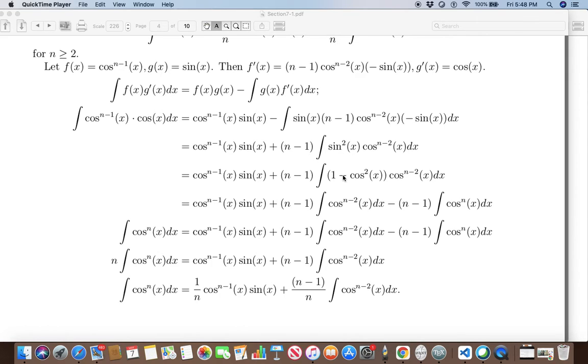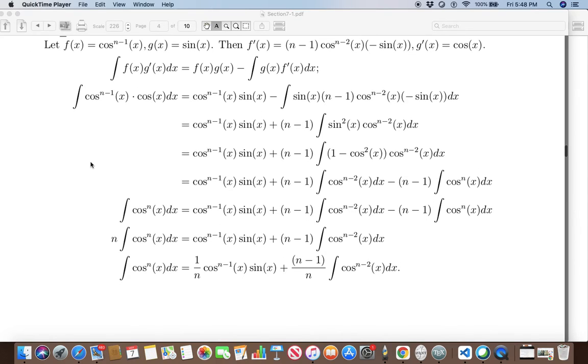Sine squared itself is 1 minus cosine squared, so I can open this by distribution. 1 times cosine n minus 2 is cosine n minus 2, minus cosine squared times cosine n minus 2, which is cosine n. Don't forget the factor n minus 1 which distributes to both terms.